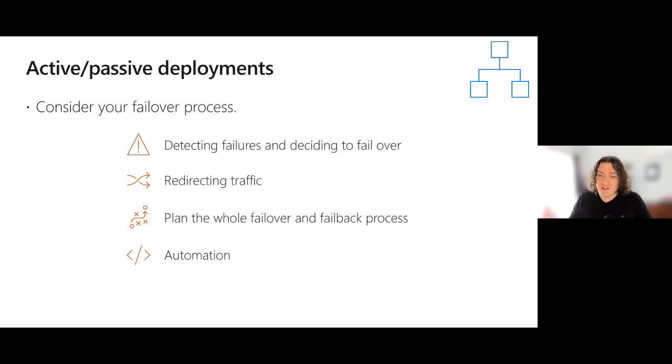Now, putting yourself back in the position of being woken up at 2 a.m., even better than having a good Word document with all of the steps to follow is having a script that you can run that will take care of all of those steps for you. Or even better than that is having that script automatically run on your behalf if you need that level of RTO. So if you've got a very low RTO, anything less than an hour is kind of what we suggest here, you absolutely have to have a fully automated process.